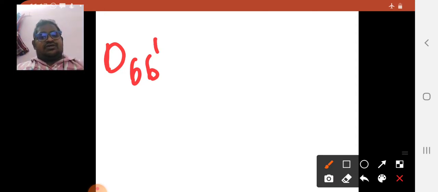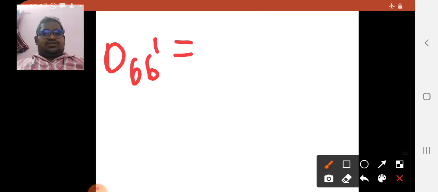D B dash combination, that is the self GMD of B, is equal to D.